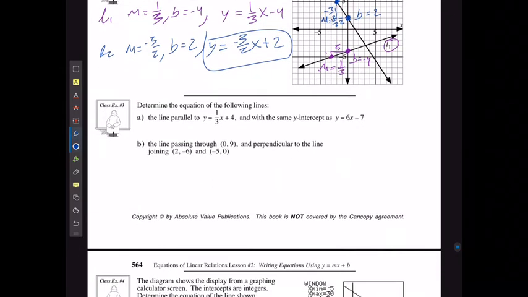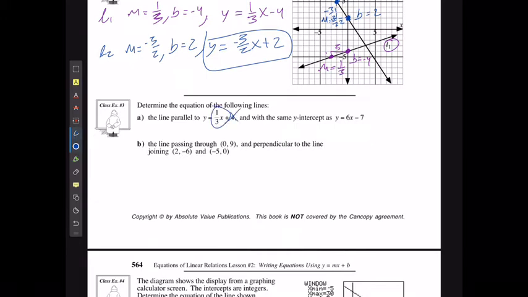For example 3, determine the equation of the following lines. So, if a line is parallel to y is equal to 1 over 3 x plus 4, and with the same y-intercept as y is equal to 6x minus 7. Well, when it's talking about parallel, it means it has the same slope, so all that's really important is I just look at the slope part here and know that it has to be the same.